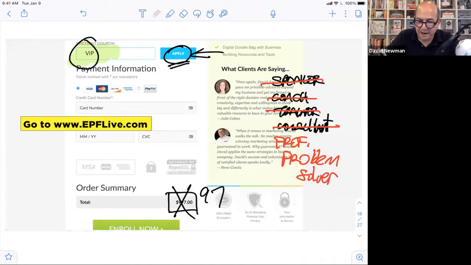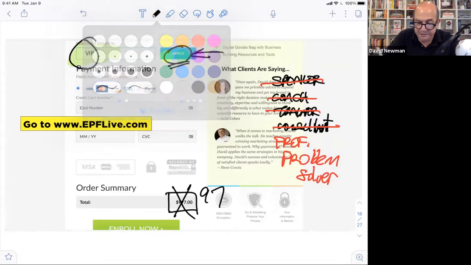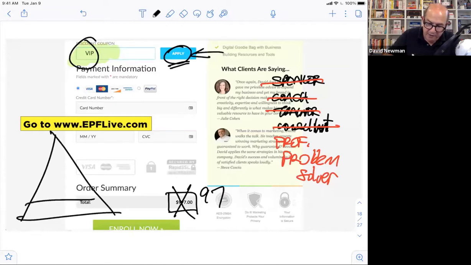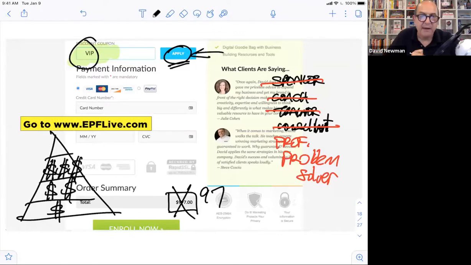One of the exercises, not to spoil the surprise here, but one of the exercises that we'll talk about when we get to offers is building out what I call your integrated product suite. And your integrated product suite looks like this, right? What is the gateway drug, entry level? What is the next level up? What is the good to great program? And then what is super premium, top of the pyramid?